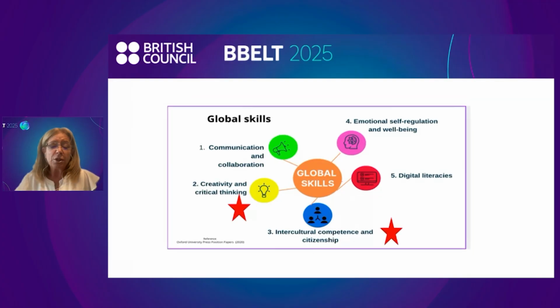Now, because of the scope of this presentation and also time limitations, we're only going to have time to focus on critical thinking and citizenship. But what I like about this kind of landscape is to understand where these two skills fit when we are teaching language skills to our language learners.